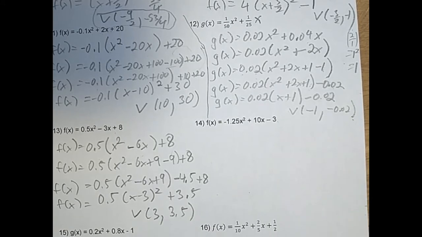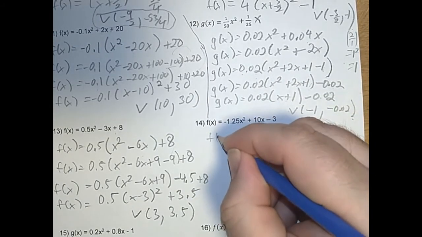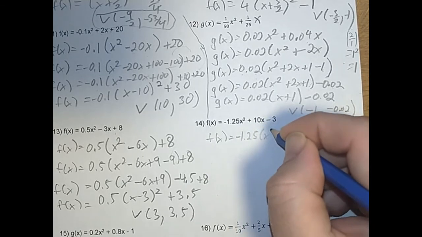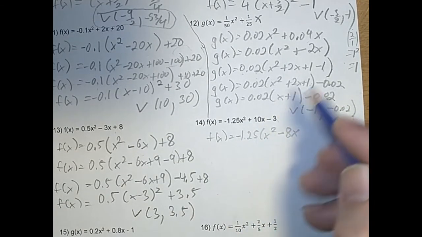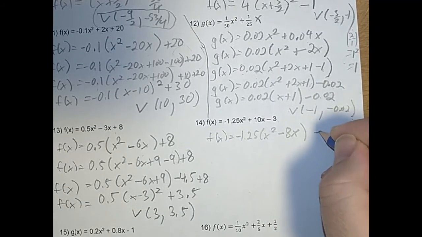Okay, this one now, we're going to take the 10 and divide it by negative 1.25, which is negative 8. So f of x equals negative 1.25 times (x squared minus 8x), because you're taking a negative out. Close the bracket, minus 3.